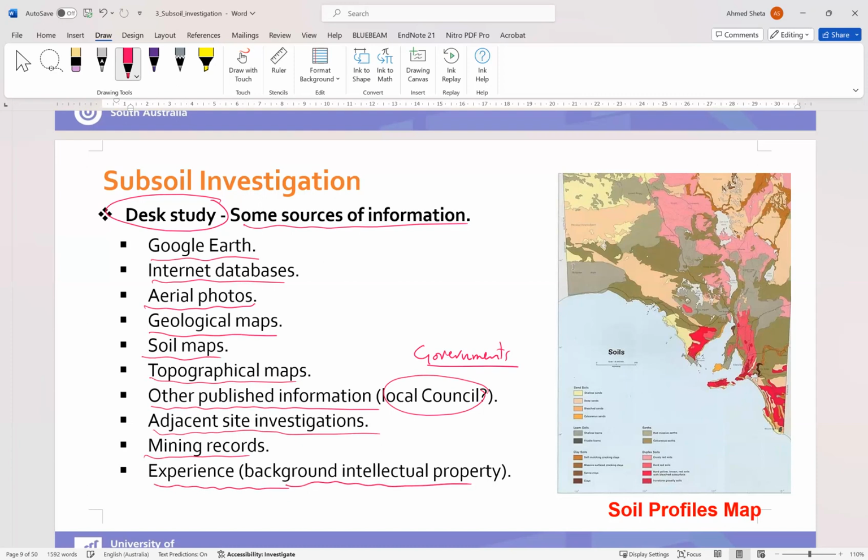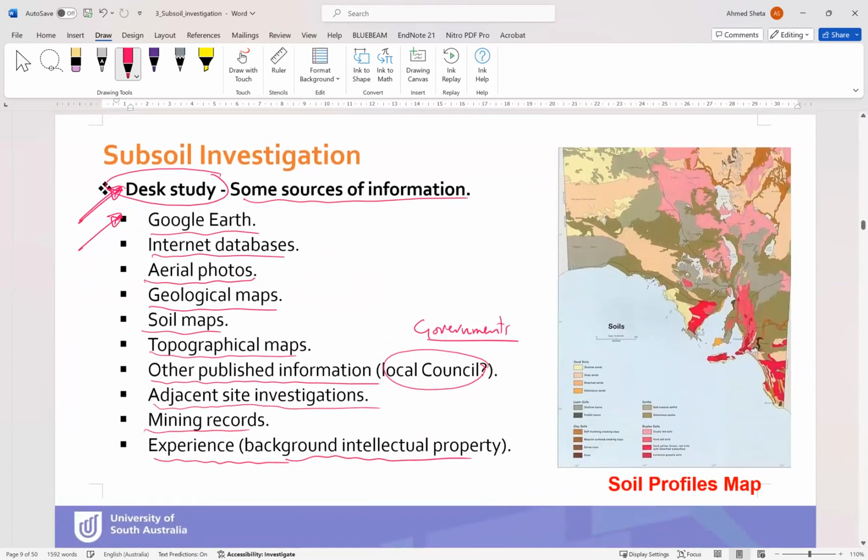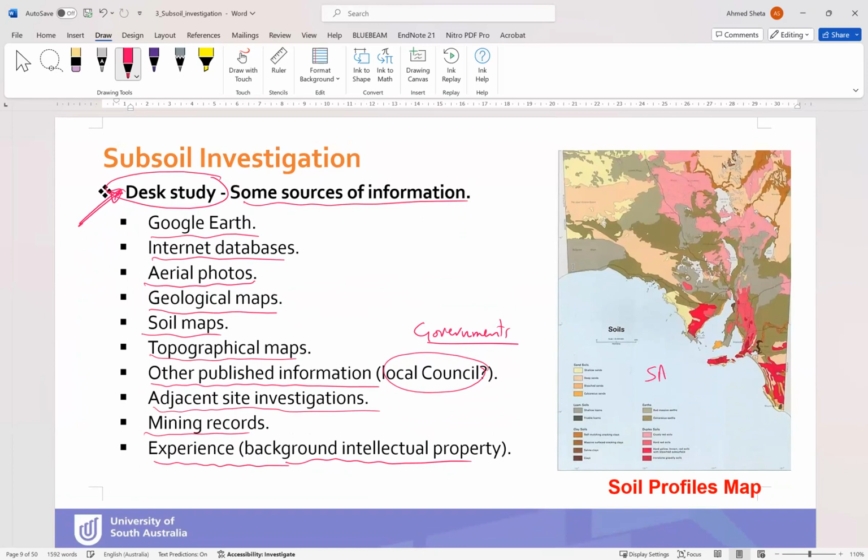Okay, so all these sources are used in the desk study stage. And here on the left, this is the SA soils map. The colors give the soil type. So this area, for example, the red area, is hard red soils, or hard yellow brown red soils, and so on.